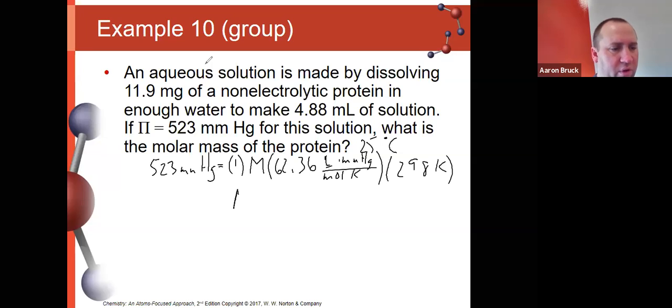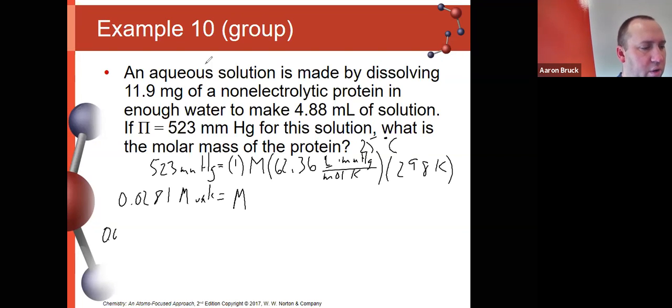So solving for molarity, 523 divided by 62.36 divided by 298. We get, to 3 significant figures, 0.0281 molar unknown. Once again, molarity times volume will give us moles.